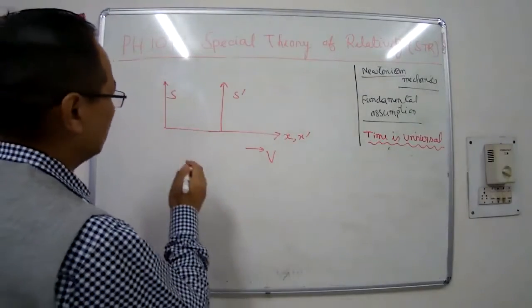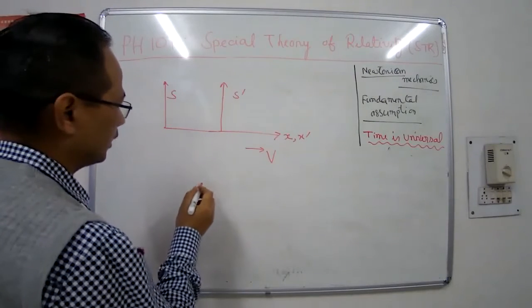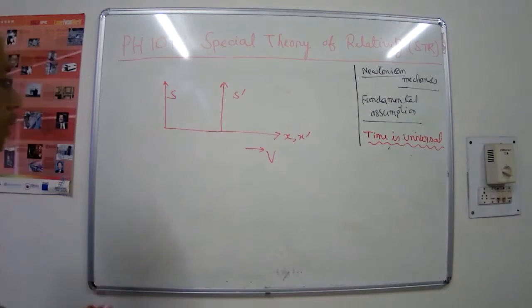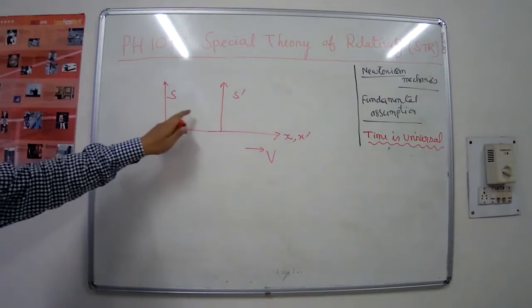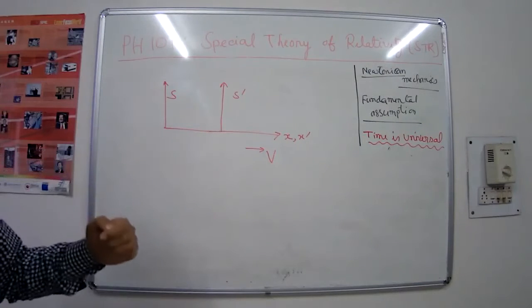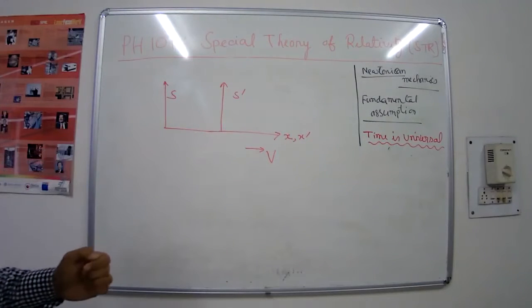Let us consider that there are two observers, one attached to frame S and one attached to frame S prime, and both have their own clock.